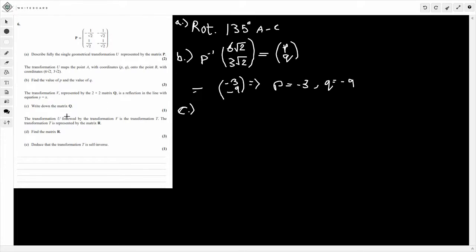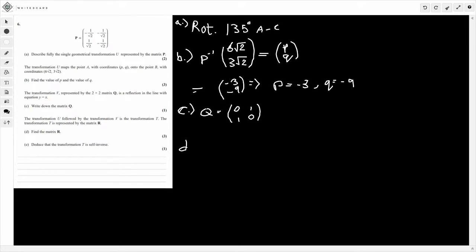The way I like to remember this reflection is as the opposite of the identity matrix. If the identity matrix is 1, 0, 0, 1, then the opposite to that gives me 0, 1, 1, 0. So you sort of shift the identity along. So that's 1 mark for part C.